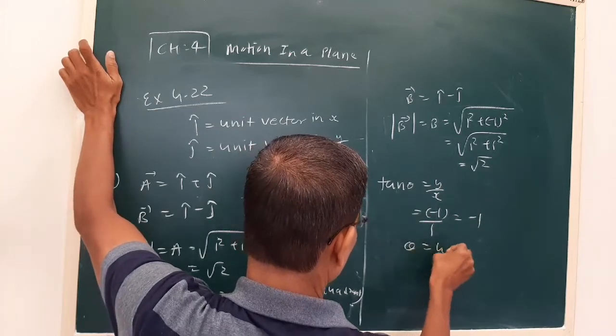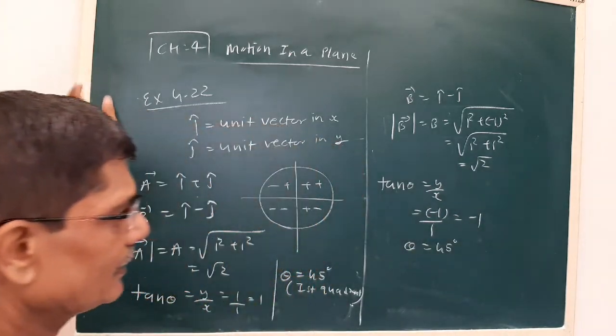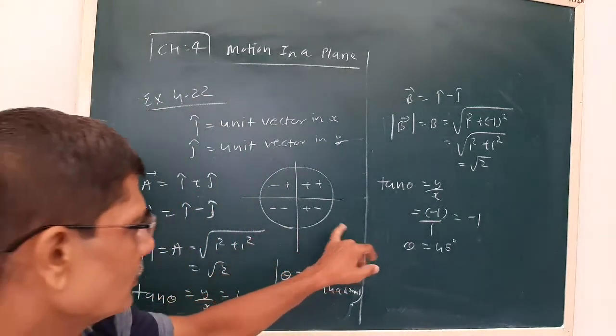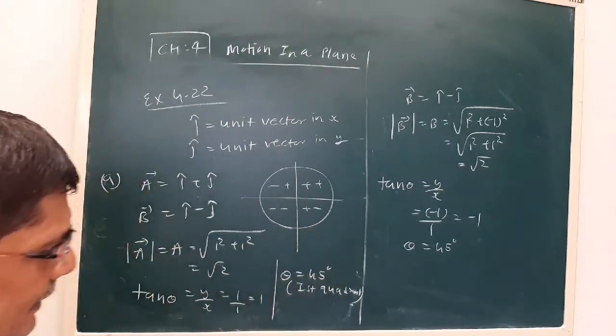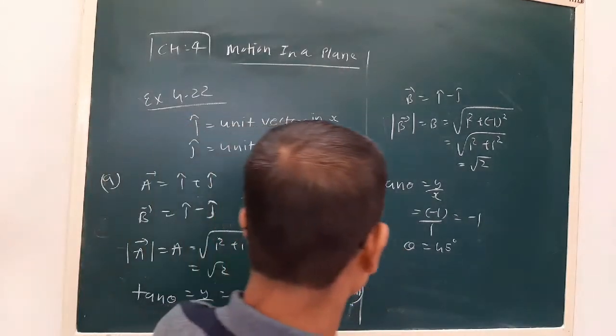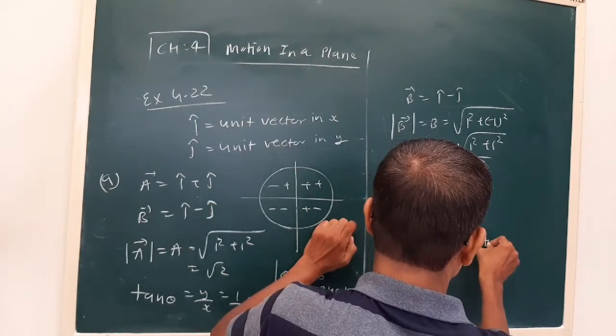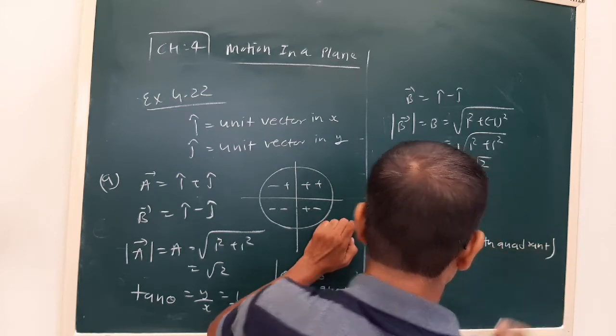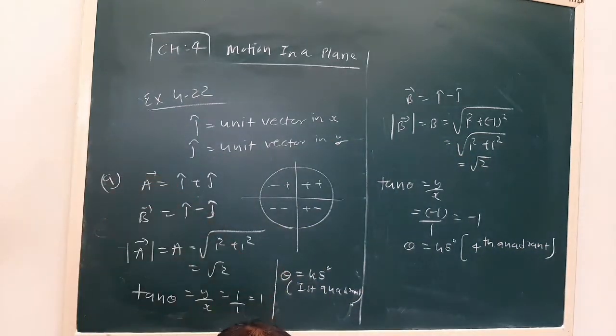Theta is 45 degree. But the y component here is negative and x is positive, so that will be in the fourth quadrant. You can write it like this, 45 degree in the fourth quadrant.